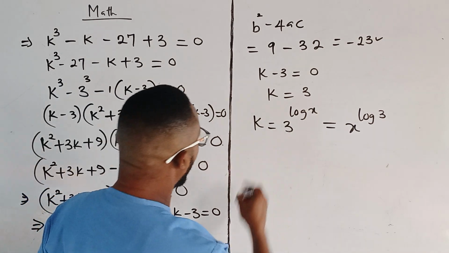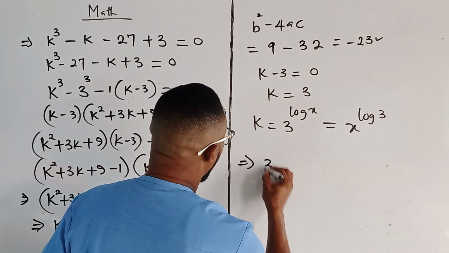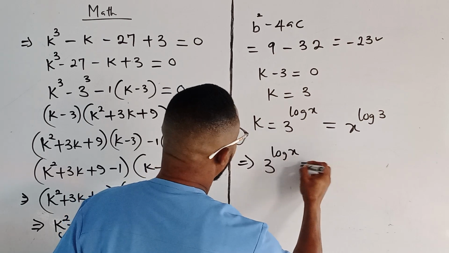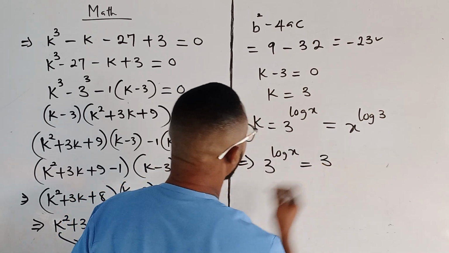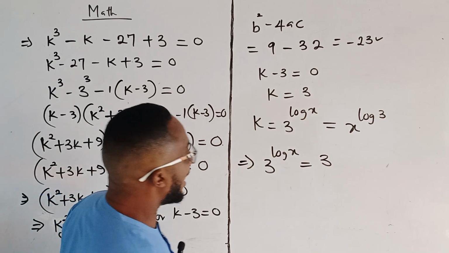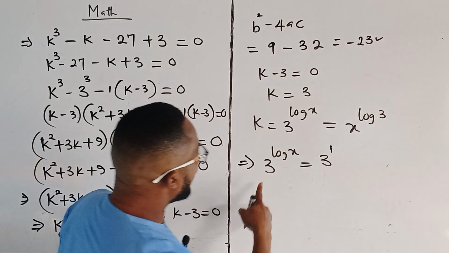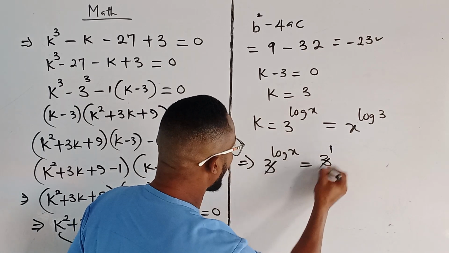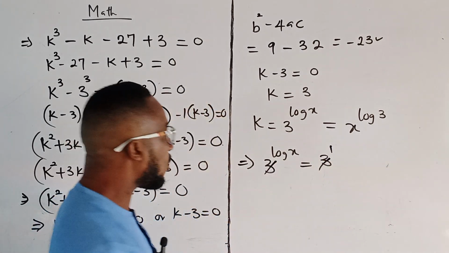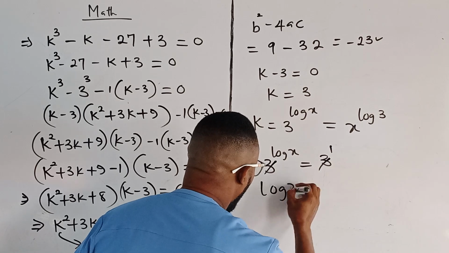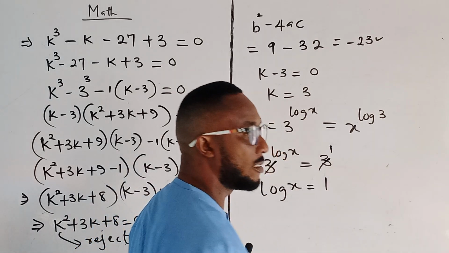If I use the first one, 3 power log x equal to 3, and 3 is the same as 3 to the power of 1. Because the bases are the same, they can cancel out. The exponents are equal. I will then write log x equal to 1.